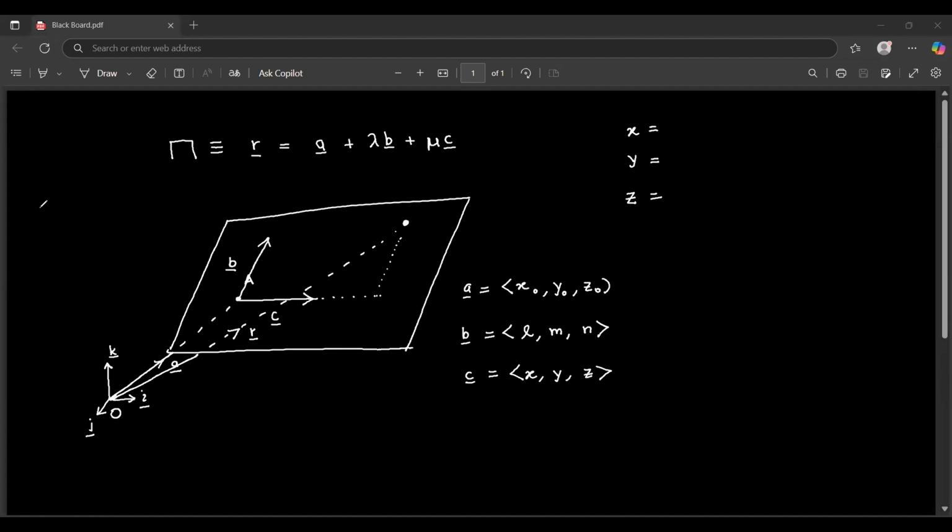If you have values like this for the given vectors, you can write down the parametric equation. The parametric equation will look like x equals x naught plus lambda l plus mu x, and y will be equal to y naught plus lambda m plus mu y, and z will be equal to z naught plus lambda n plus mu z.